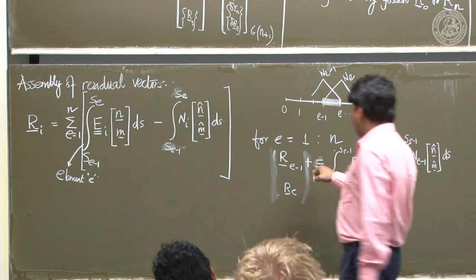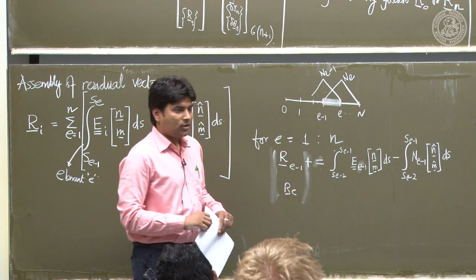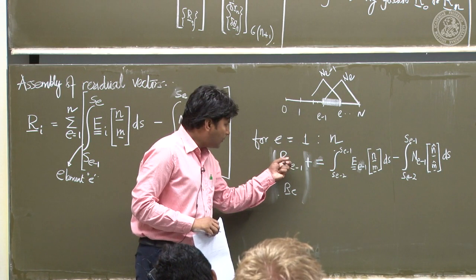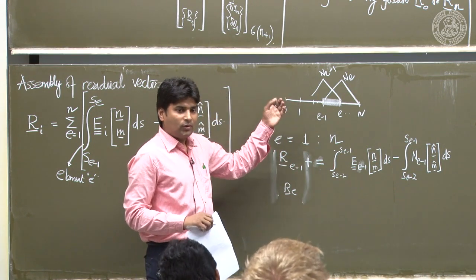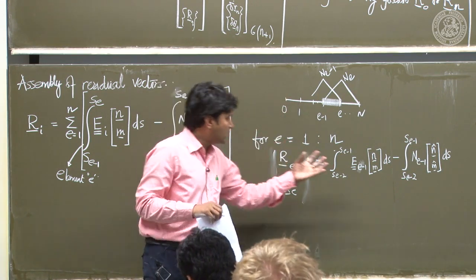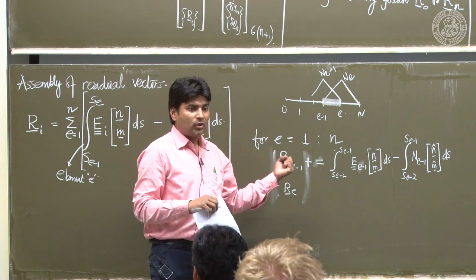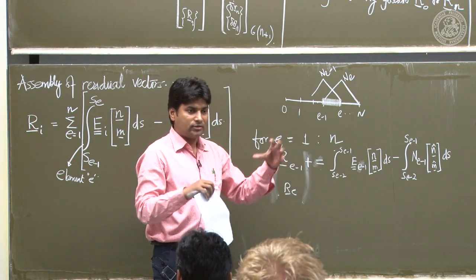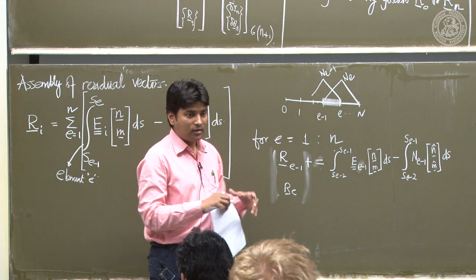And you see I am saying here plus equal to, because your R e minus 1 would have been computed in some other element also. So, whatever has been built up till now, you just add this to it. So, that is called assembly. One by one you start assembling it and adding here.